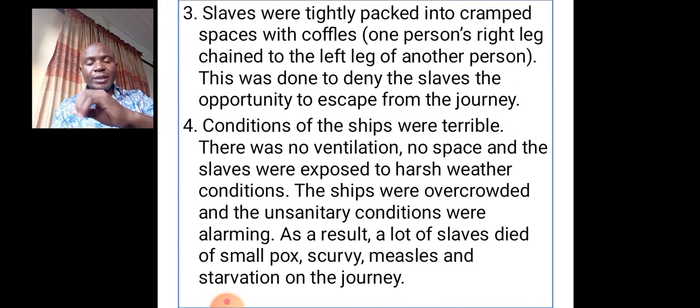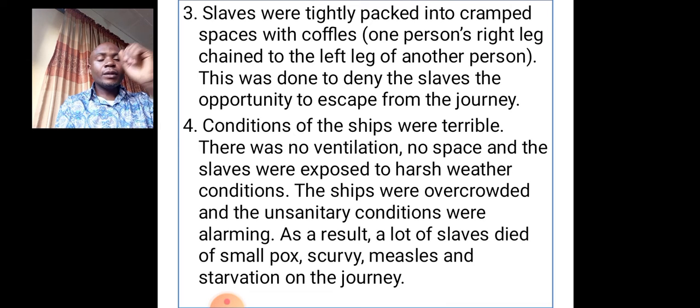You can imagine that. And thirdly, slaves were tightly packed into cramped spaces with shackles. One person was tied on the right leg to another person through the chain, then the left leg of another person tied to that of the other person. This was done to deny the slaves the opportunity to escape from the journey.